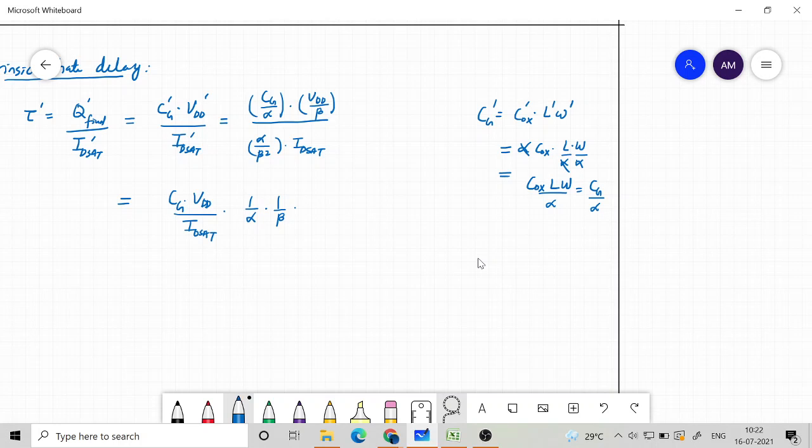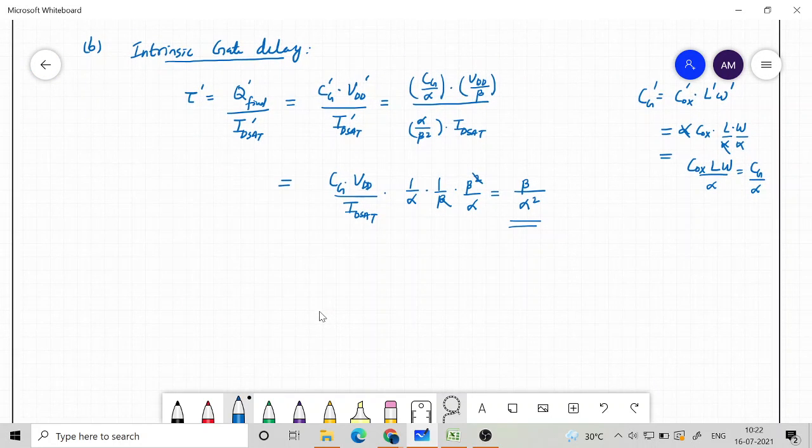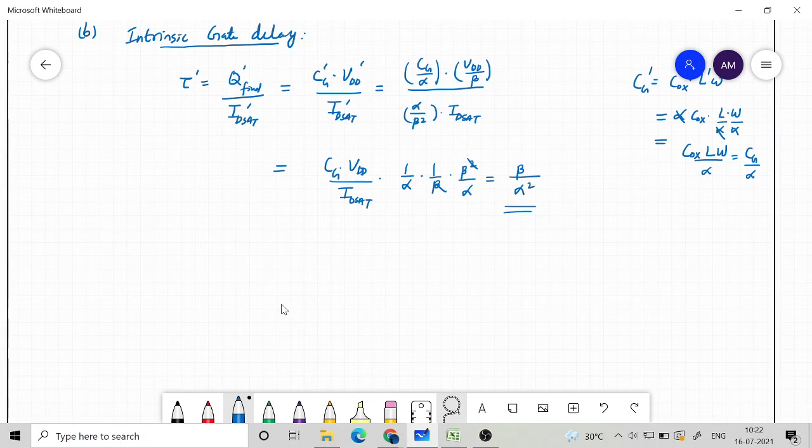If you take the inverse and multiply beta square by alpha, that will cancel one, so it is beta divided by alpha square. Okay, so this is going to be the factor by which the transient delay, that is the time it takes to charge, changes. This is basically an estimate of propagation delay.